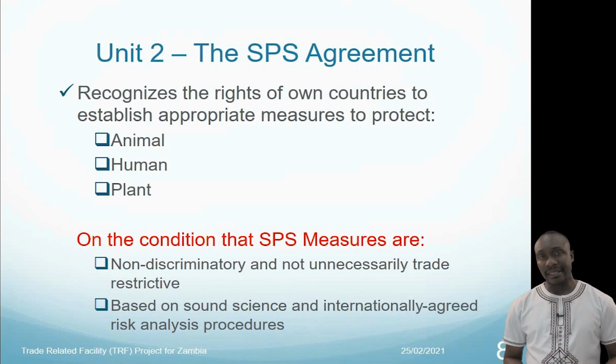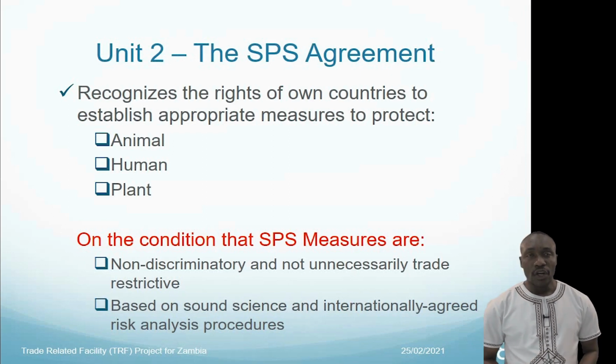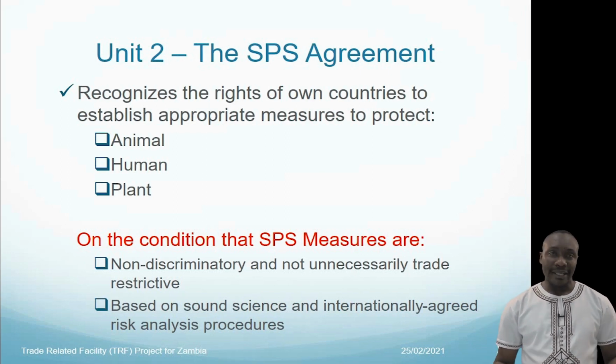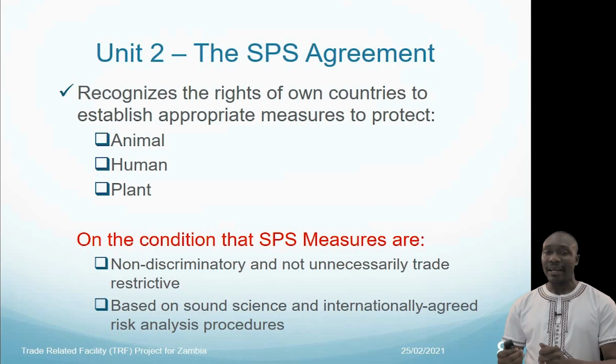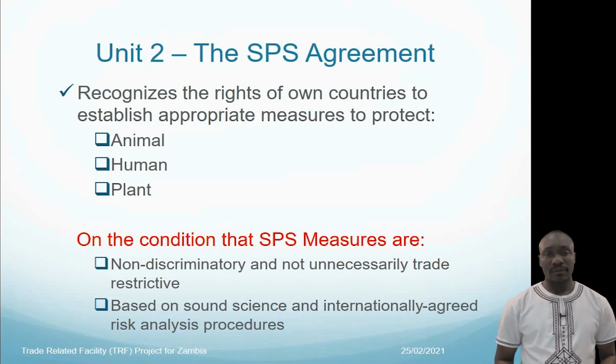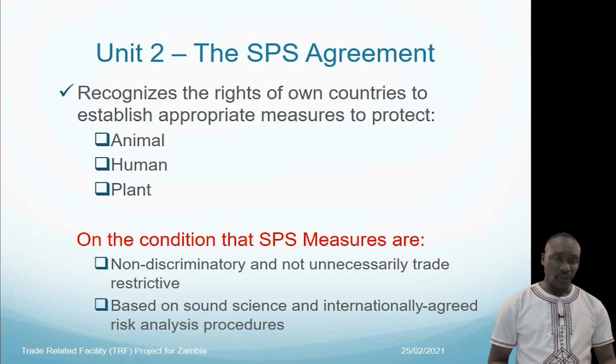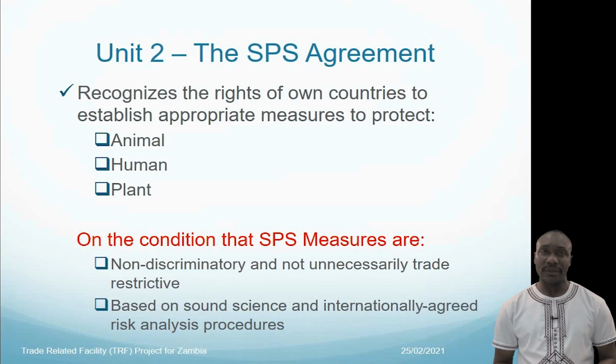So every government has the right and duty to have some protection over its territory. In some cases, we have seen that some of these things have even led to war because of the infringement of the constituents of the territory. So the SPS agreement starts with the fact that all countries have their own rights and duties to establish appropriate measures to protect animal, human, and plant life and health.